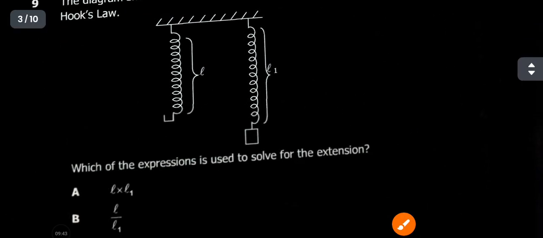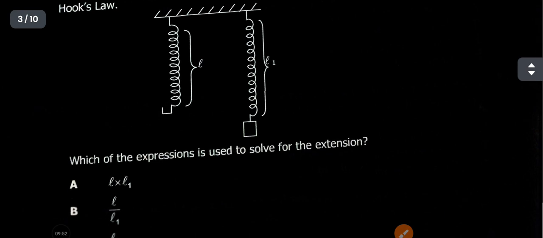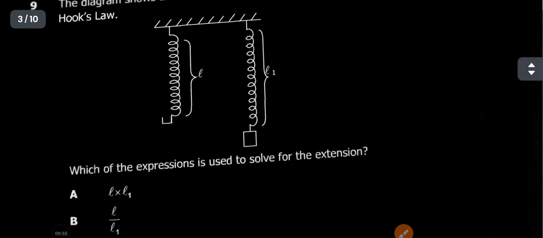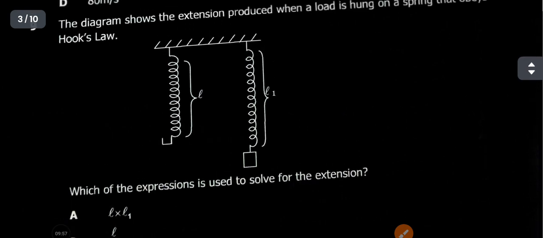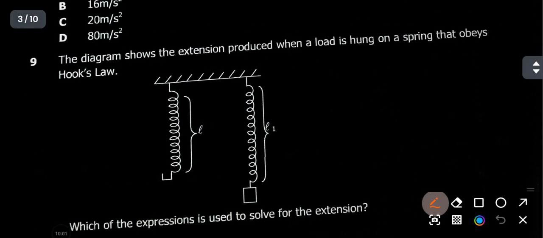Okay, question 9. The diagram shows the extension produced when a load is hung on a spring that obeys Hooke's law. Alright, which of the following expressions is used to solve for the extension? An extension is just an increase in length from the original length.